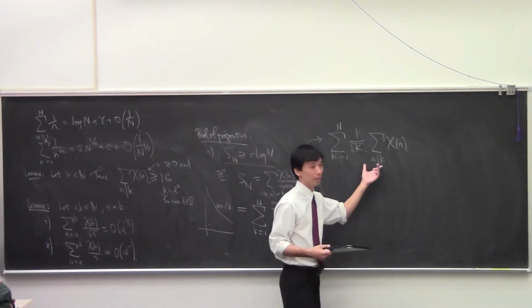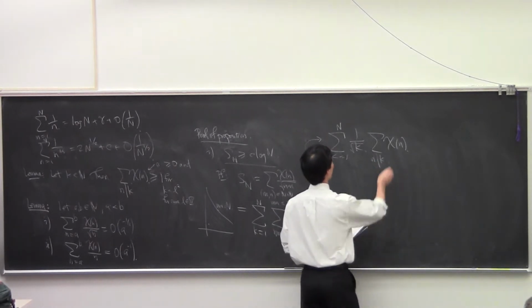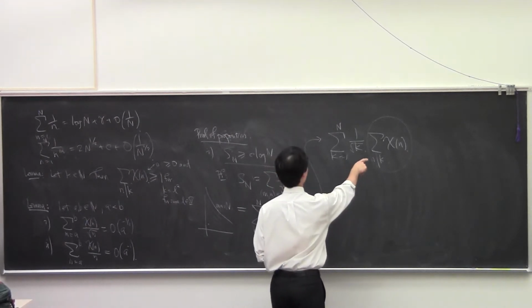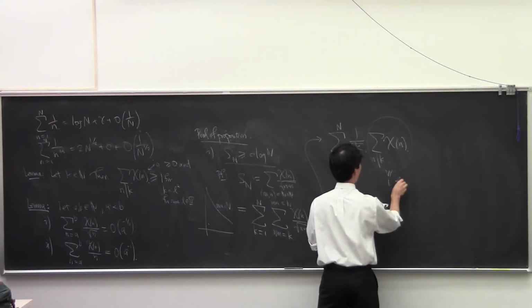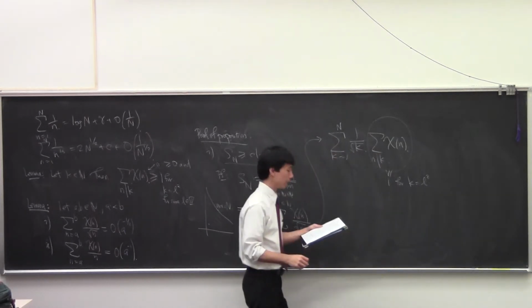Okay, so now you see why we needed that first lemma. We wanted to get lower bounds on this. We have that this is greater than or equal to 1 for k being L squared.